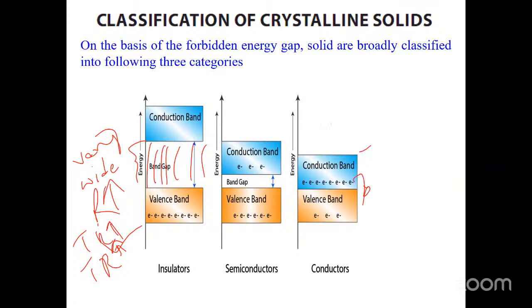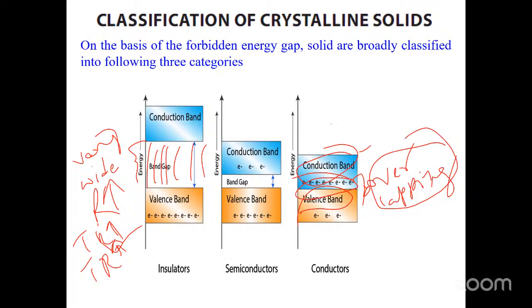Next, the second one is conductors. See here: the valence band, conduction band, and forbidden energy gap are all overlapping. So whenever you switch it on, valence electrons move from the valence band into the conduction band, because these are all overlapped.